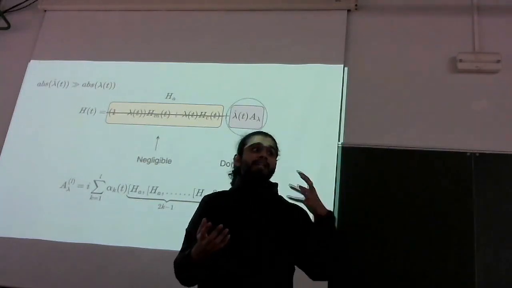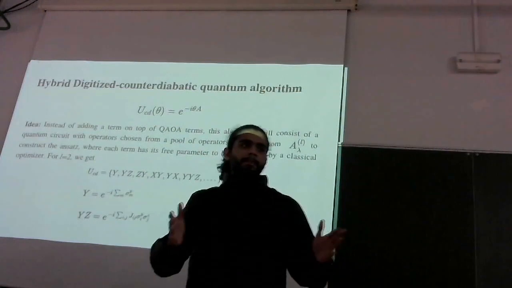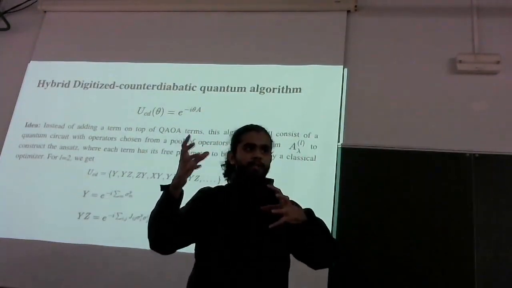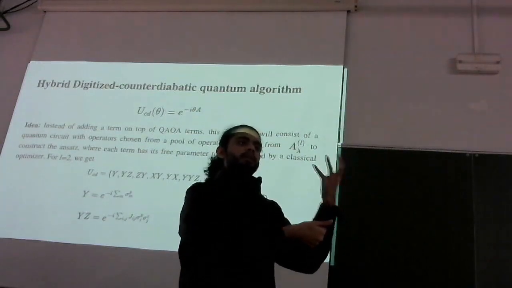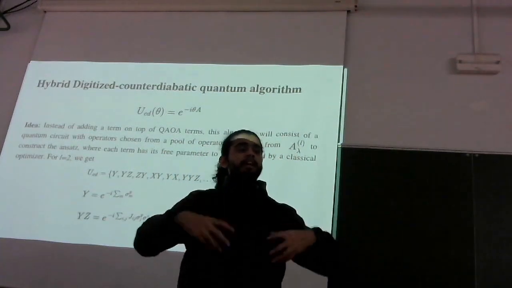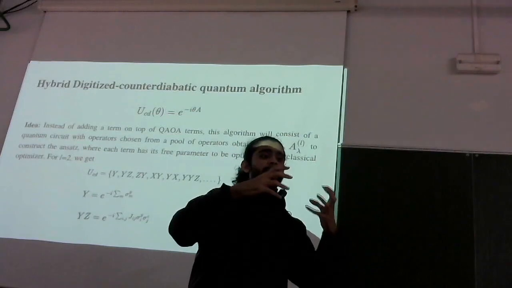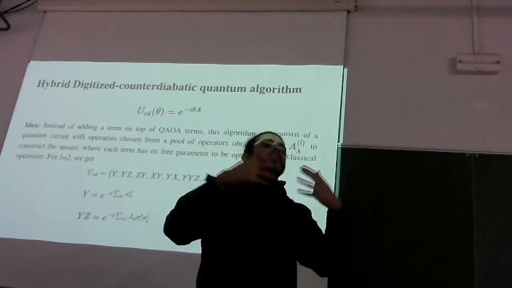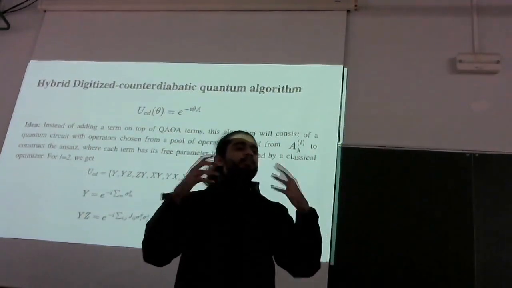So when you do QAOA, you implement the full evolution of the Hamiltonian. Instead, you find counterdiabatic terms, and instead of implementing counterdiabatic terms on top of QAOA, you remove the QAOA part and implement only CD terms. This is the inspiration behind only CD.